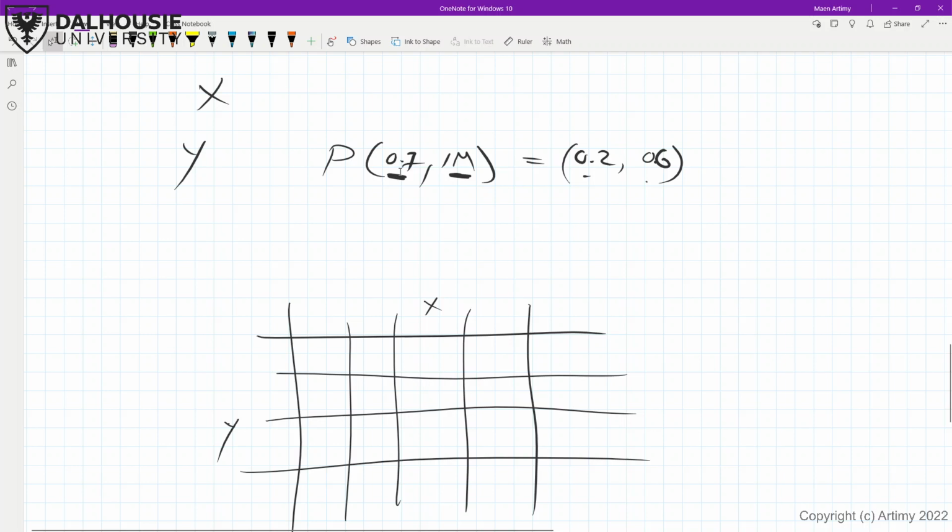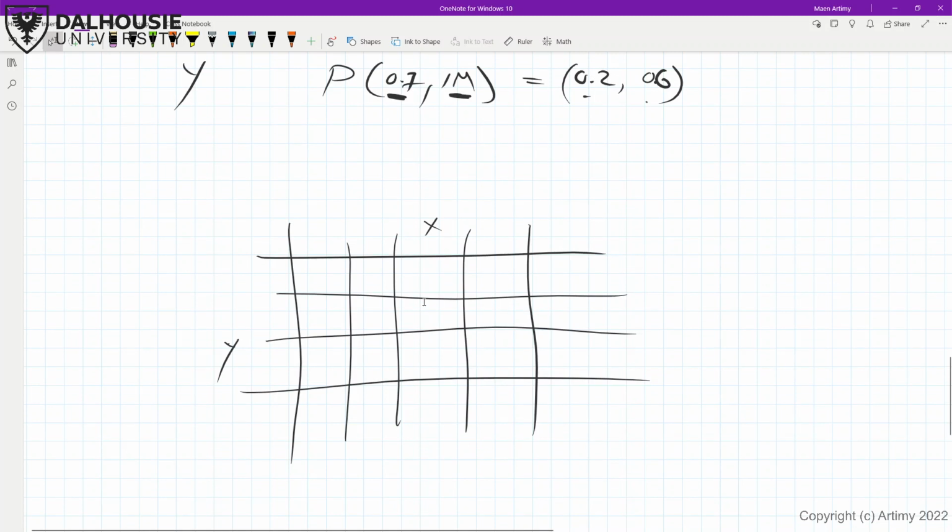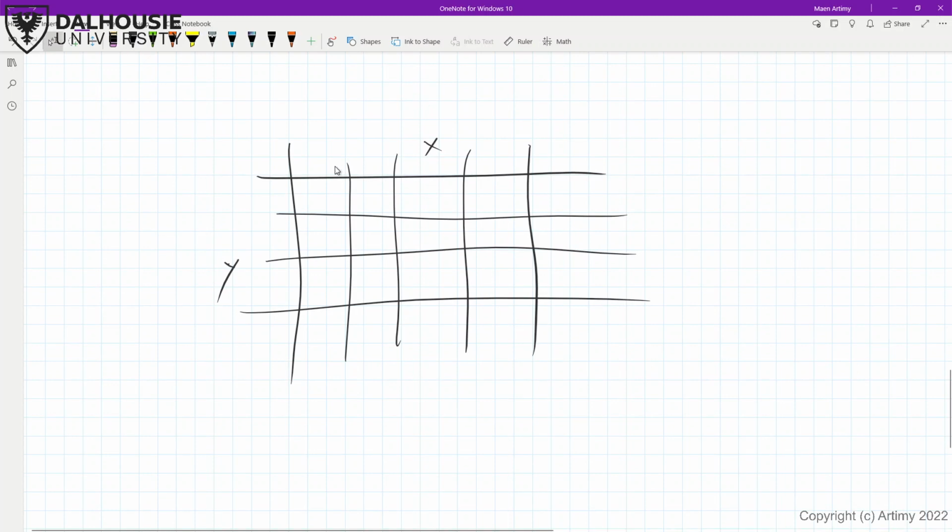The memory can be 0 to 5 gig. So the values that x takes can be different from those y takes. Let's say x ranges over 1, 2, 3, 4, and y is 0, 1, and 2, right? So in this case, I can have the probability of x equal 1 and y equal 0, and I put it here.